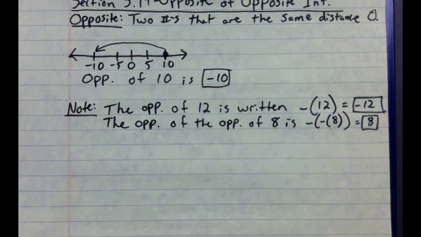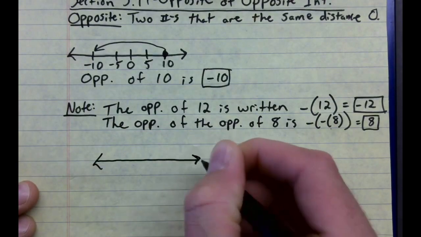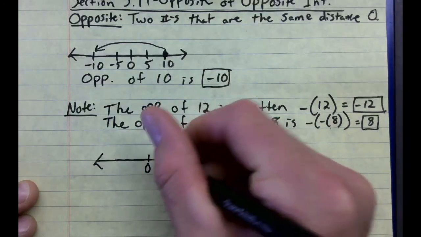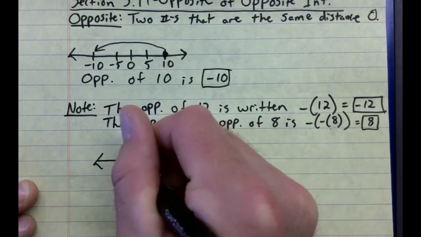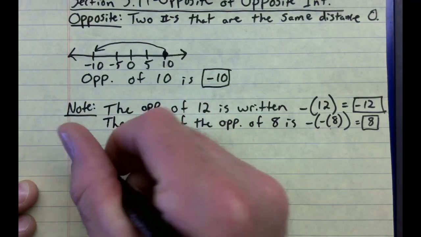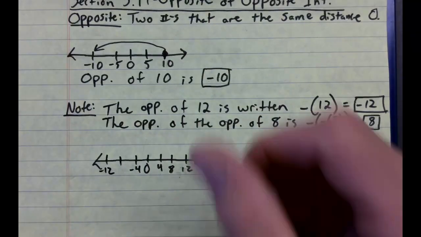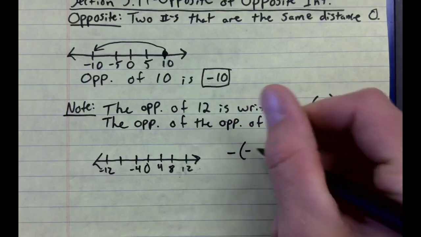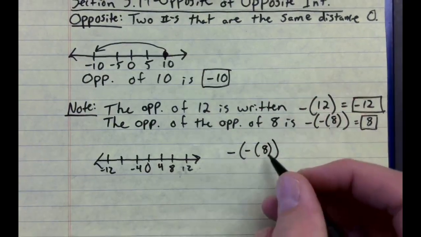And you know, when we see something like this on the number line, we'll just go up by, let's say 4, 8, 12, -4, -8, -12. All right, when we see this number right here, we see the opposite of the integer 8. We start by plotting 8.